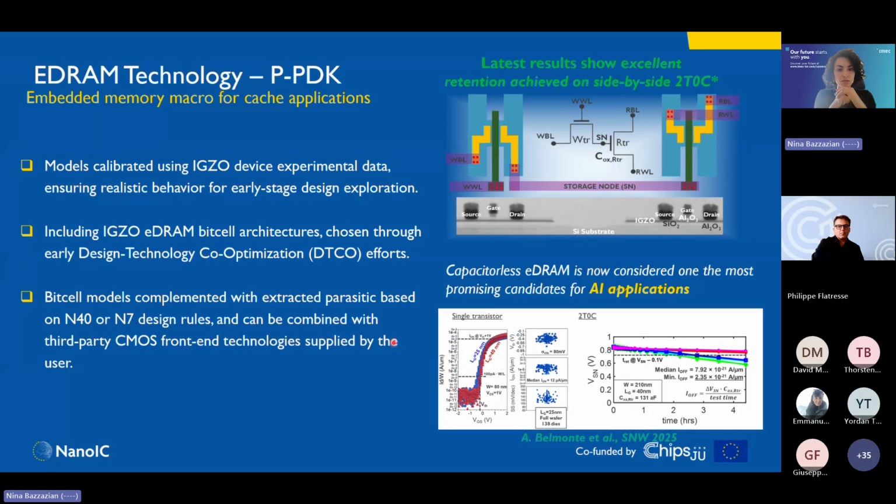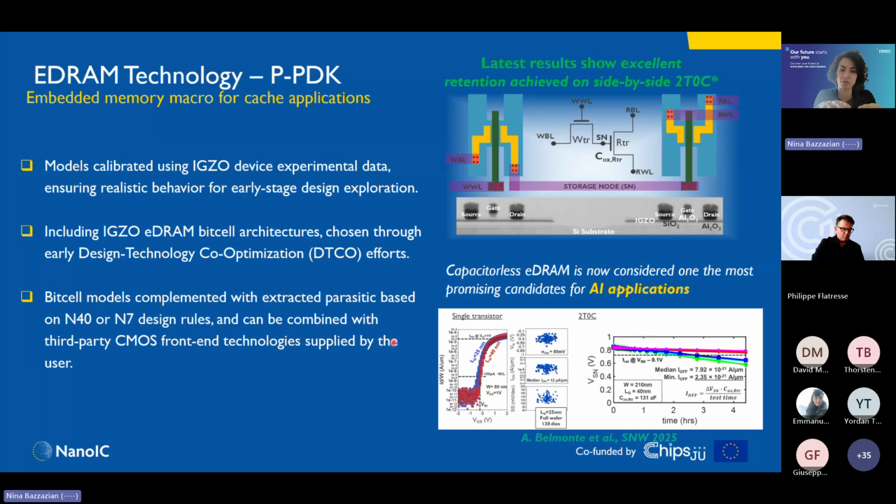For participants here who are not really familiar with this acronym IGZO, it's indium gallium zinc oxide, an oxide semiconductor, based eDRAM PDK. So we know that today eDRAM is considered one of the most promising memory solutions for AI applications and other highly energy intensive computing workloads.